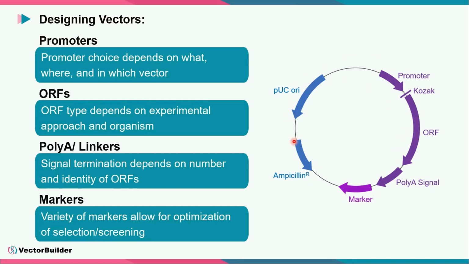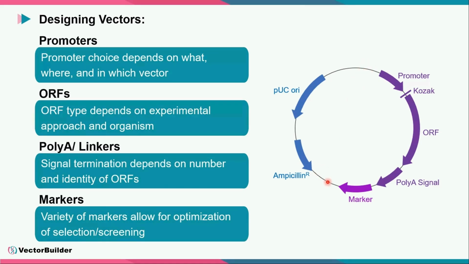That's going to be the easiest option. That backbone is going to contain all of the necessary almost background components. So for instance, in this regular plasmid backbone right here, we're going to already have those bacterial components in place. And for a virus, you're going to have the transfer viral components already in place as well.